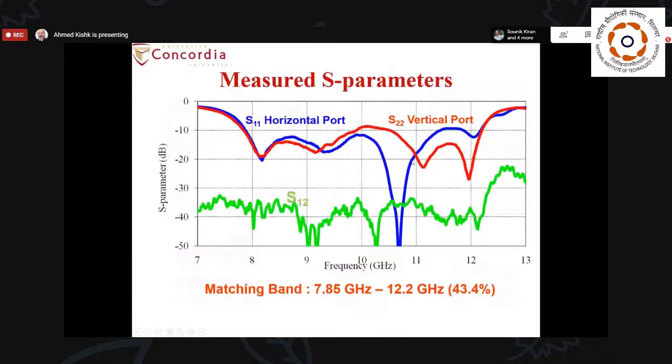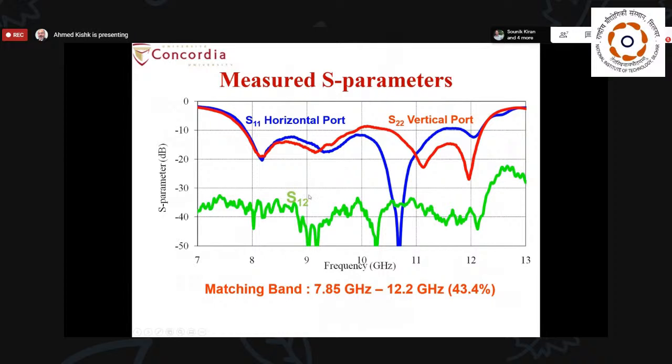If you look at the performance, you will find that you can have about 40% bandwidth for matching, but port 1 and port 2 are not identical in terms of S11 and S22. But S21, because the structure is linear, is reciprocal.